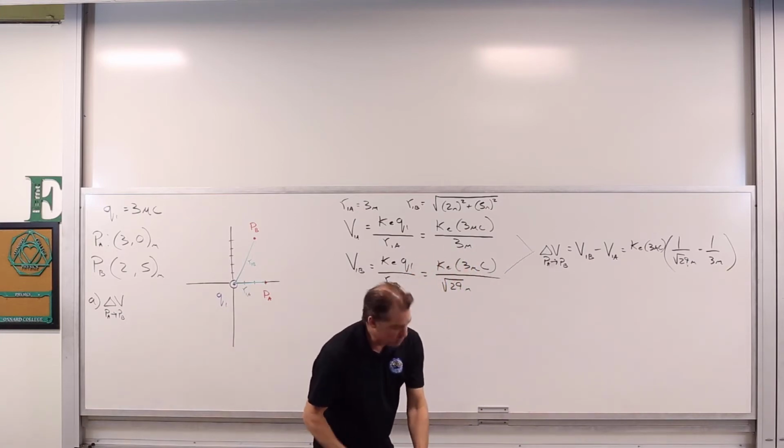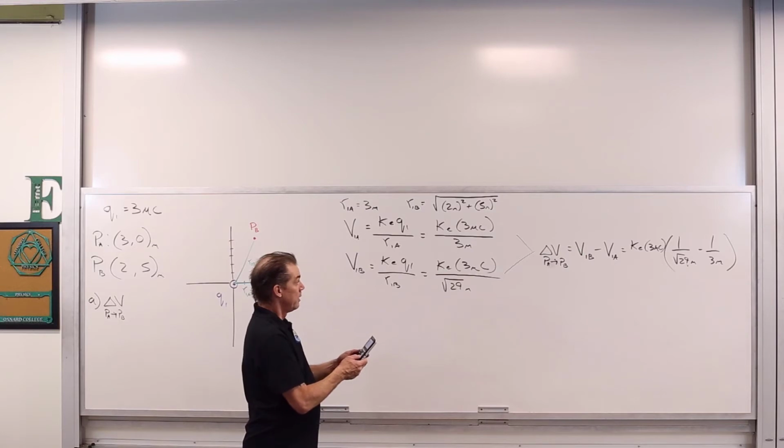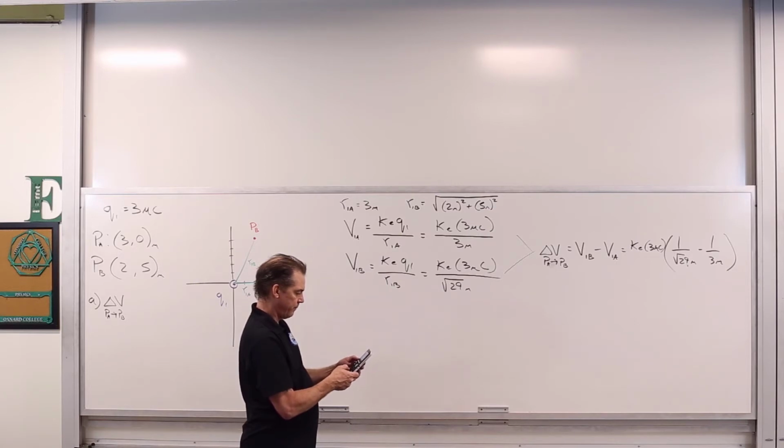All right, so we go ahead and check this out. Let's do it. So we got 9 times 10 to the 9th, 3 times 10 to the minus 6, times 1 divided by square root 29 minus 1.